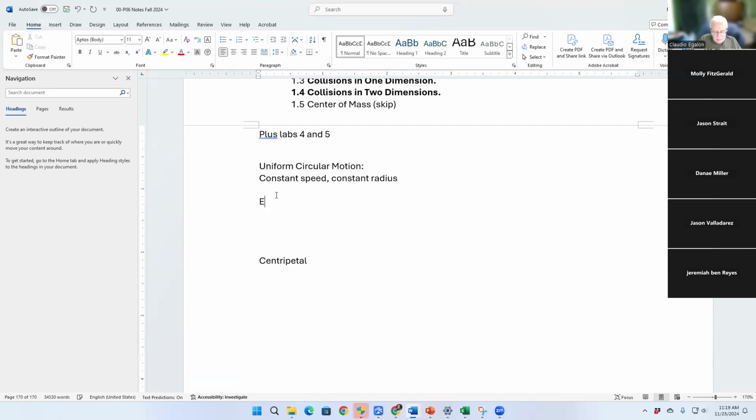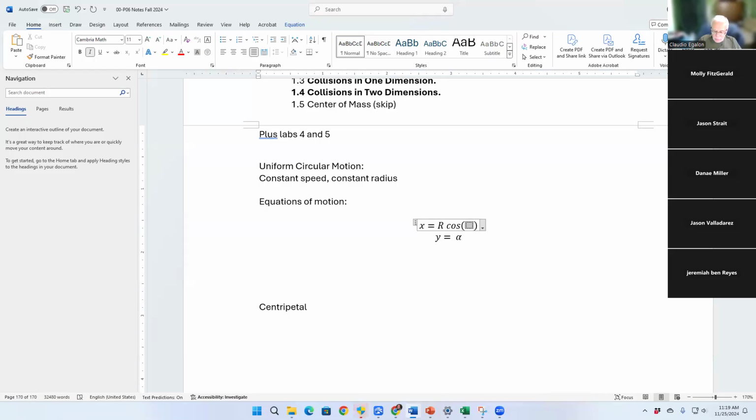Then we talk about the centripetal acceleration. In this case, we can start with the x and y. Here is x: the radius of the circle, times the cosine of the angle theta.